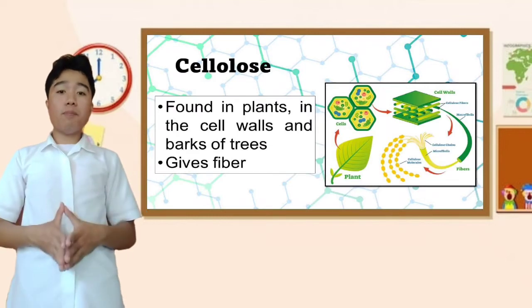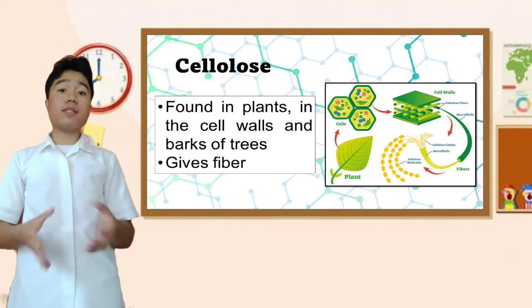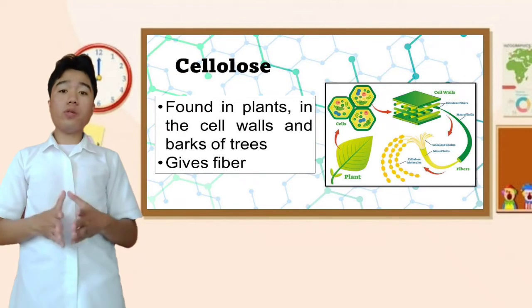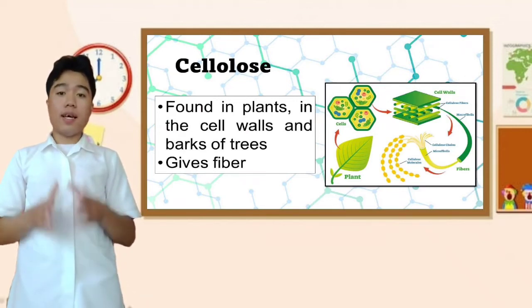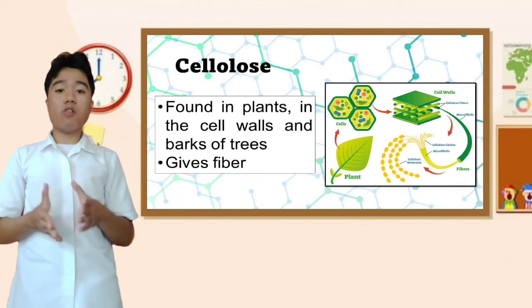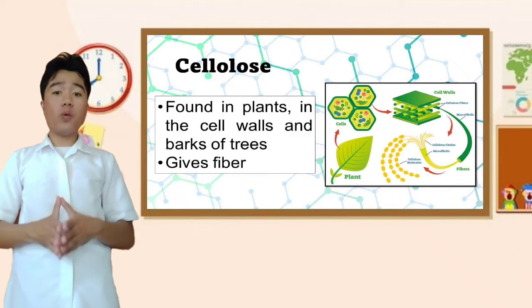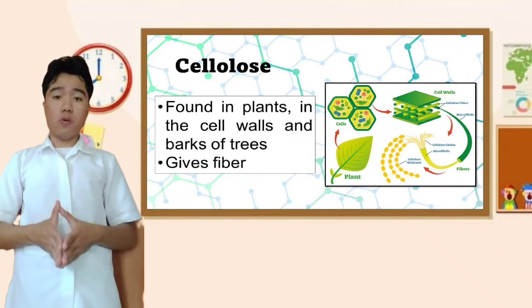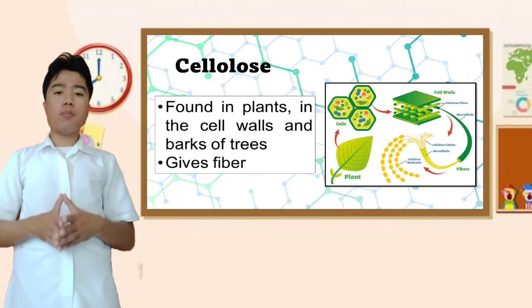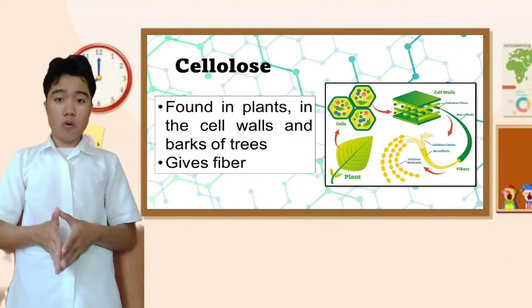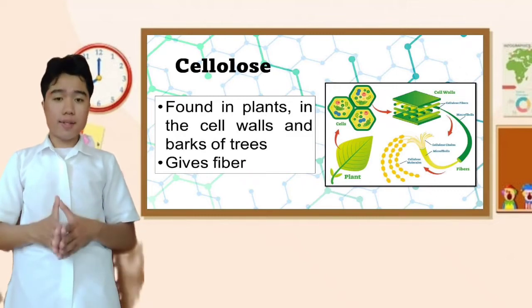The third example of polysaccharides is cellulose. Cellulose can be found in cell walls and in the bark of trees, and it gives us fibers. How do we know if the food we eat contains cellulose? For example, if we eat a lot of kangkong, I know that you are familiar with kangkong, right?